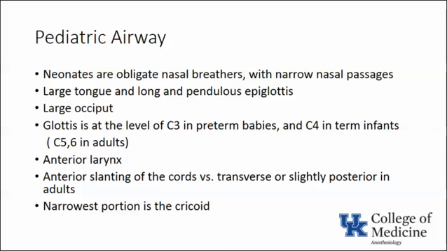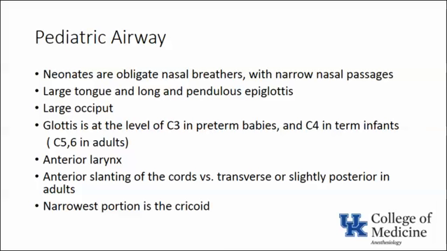They may actually benefit from a small shoulder roll to align the airway. The glottic opening in a preterm infant is around the level of C3, C4 in term infants, and in adults around C5, C6. The larynx is definitely anterior, and the vocal cords are anterior slanting compared to a transverse or slightly posterior positioning in adults.